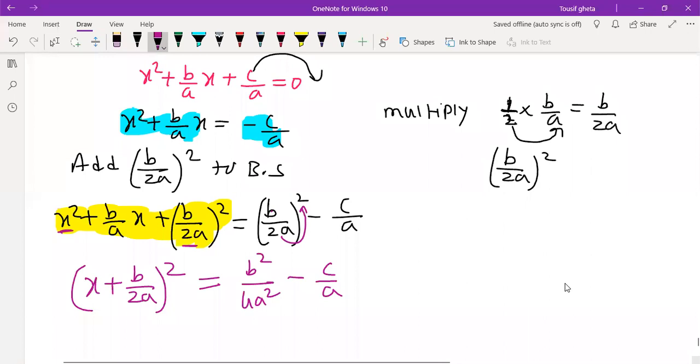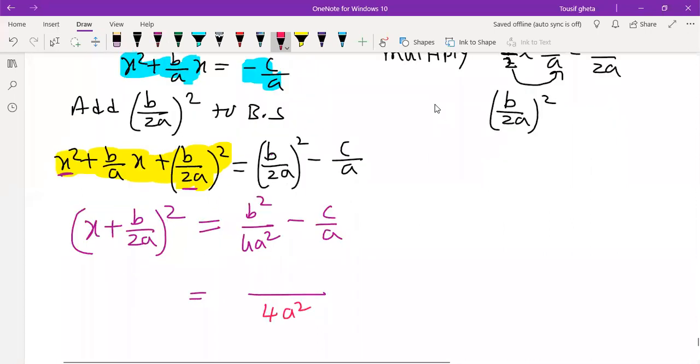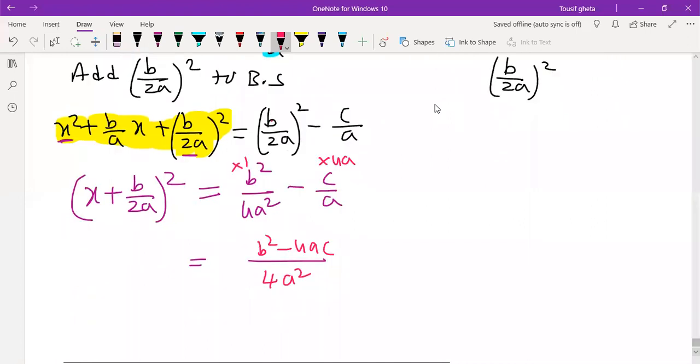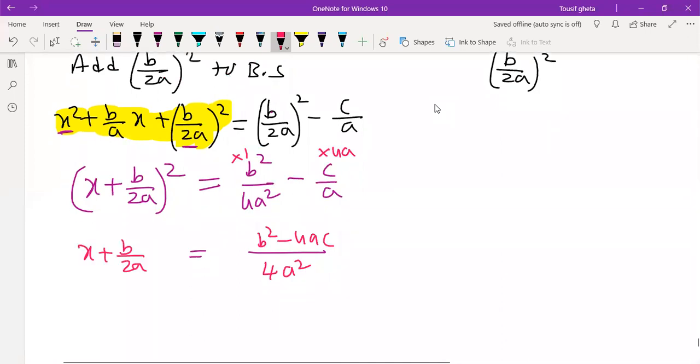What is the LCM? 4a square. So multiply with 1 and here multiplication with 4a. So we will get b square minus 4ac. Okay. Now we will write x plus b by 2a whole square.